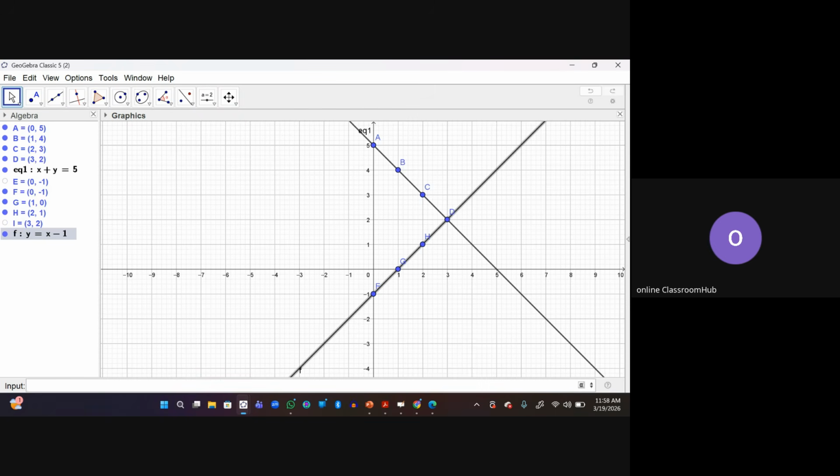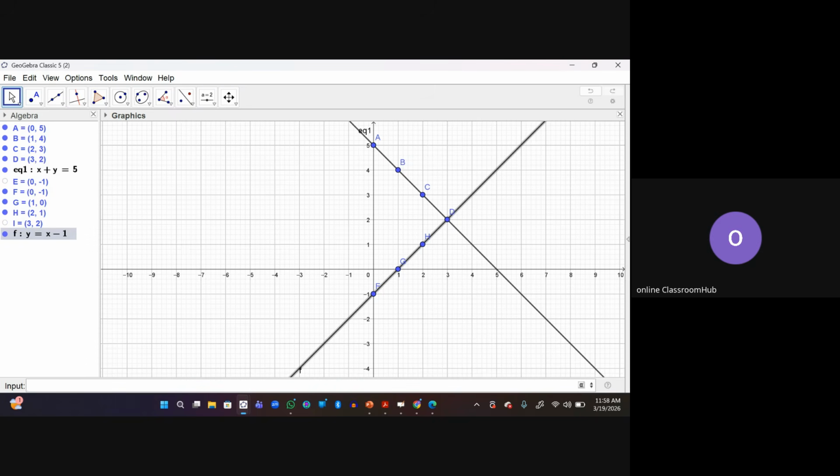So you see, the same as the first one we did. And their intersection will be the value, the solution for the equation. So x is 3, y is 2. Are we good? Yes.